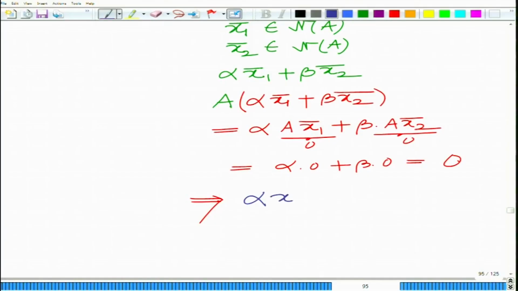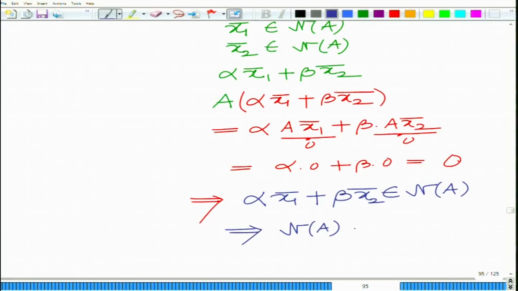and this implies that alpha x1 bar plus beta x2 bar also belongs to the null space of A, which means that the null space of A indeed is a vector space. What is the definition of a vector space?